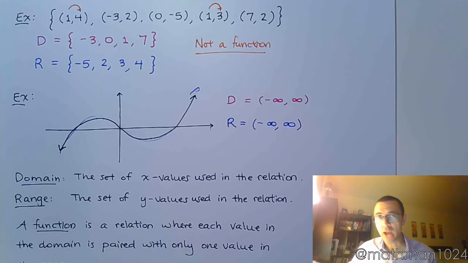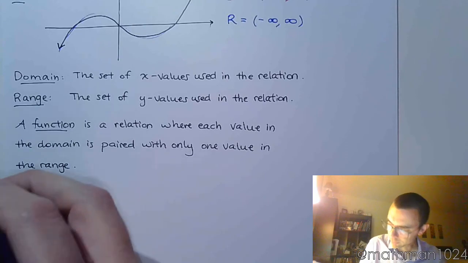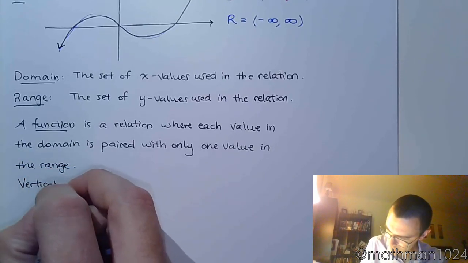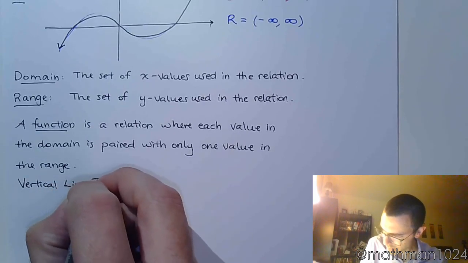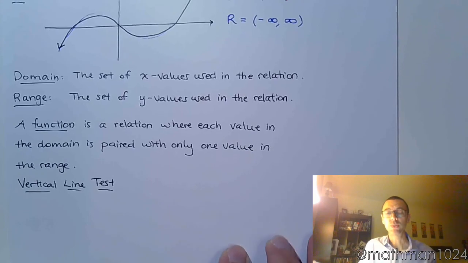What about a graph? How do I know if a graph represents a function or not? It might be kind of hard to see because you do have an infinite number of points here. But we do have a trick that helps us out, and it's called the vertical line test. All right, the vertical line test. And here's what this says.